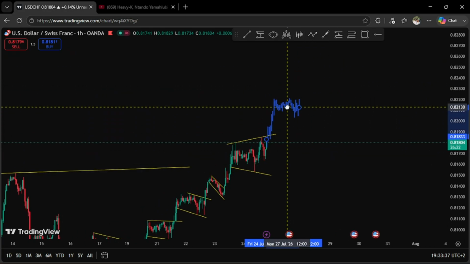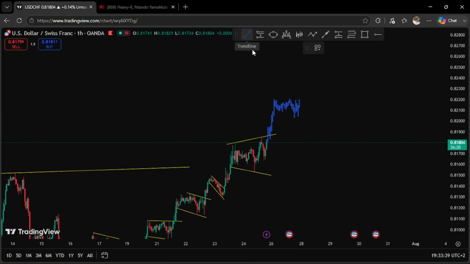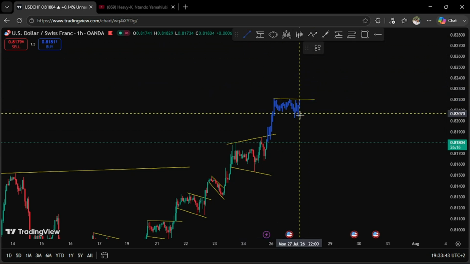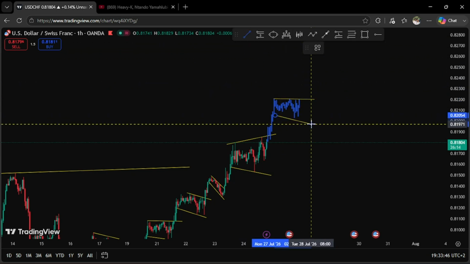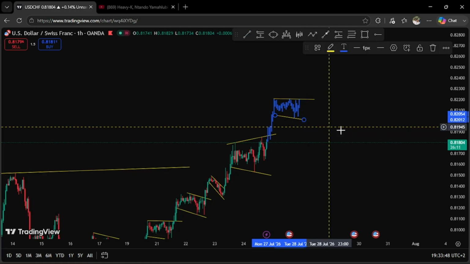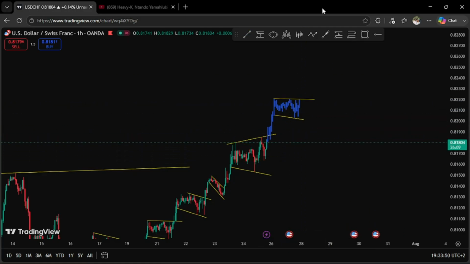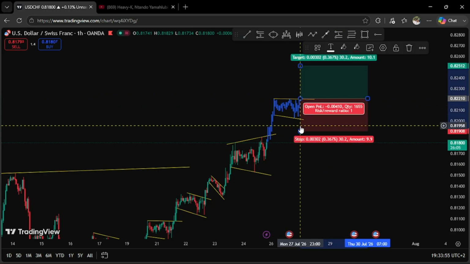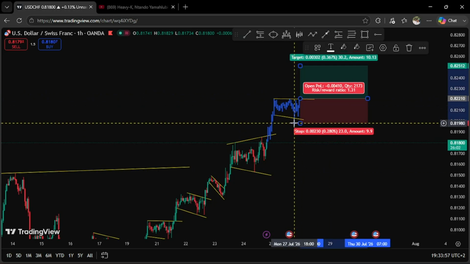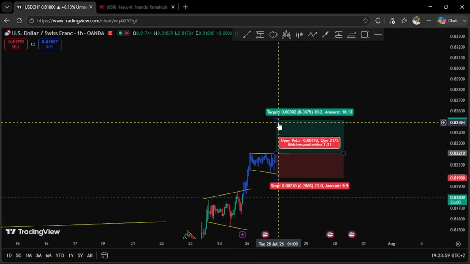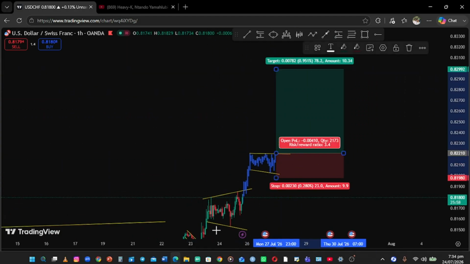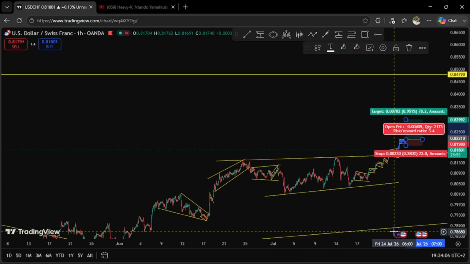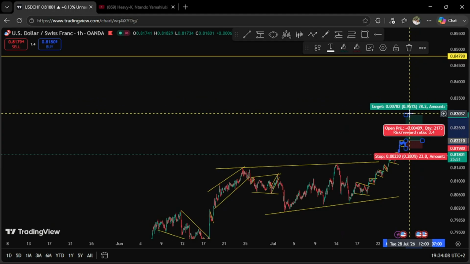So what I want to see is either something like this, or something like this, and then I will take it here on the break, keep it here 23 pips for this one, and then I target, like I said, here.